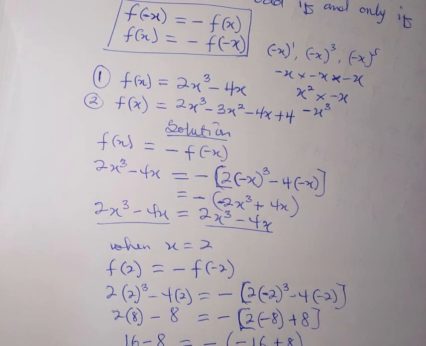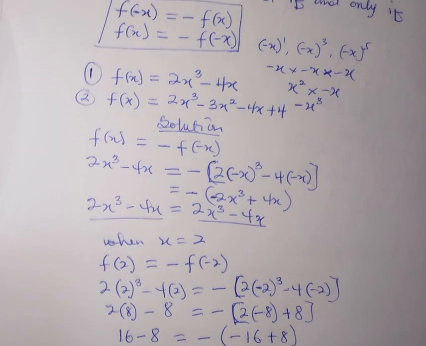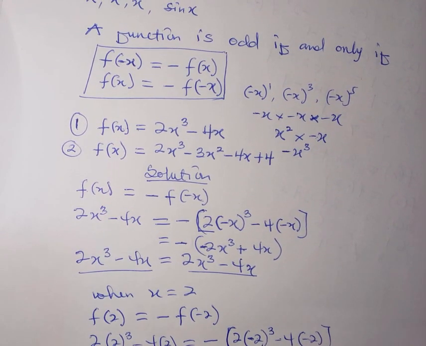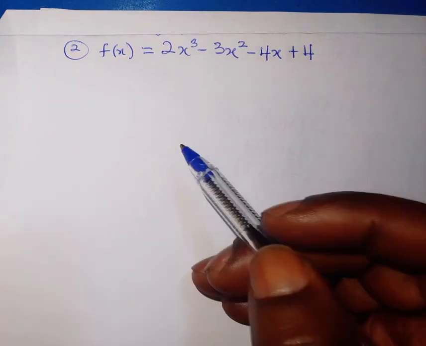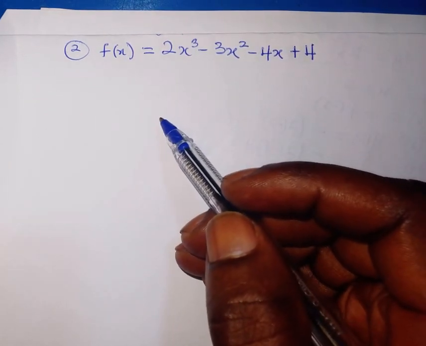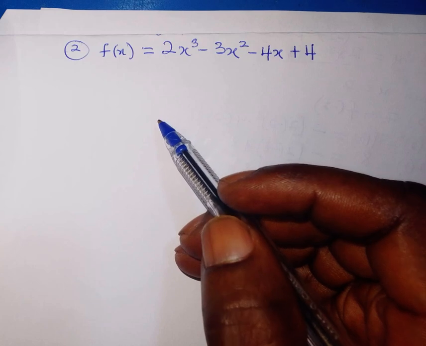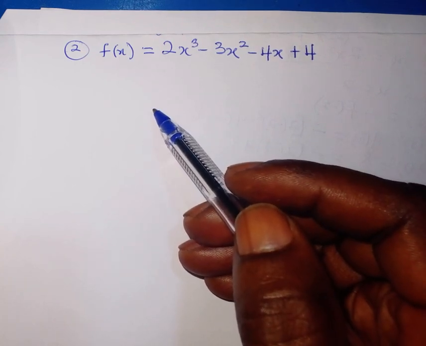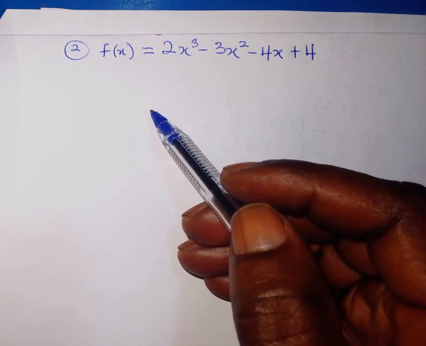Okay, all right, great. So let's see if we can solve the second part of the question. Okay, so for example 2, this time you are going to use a number to test, because I've already told you that you can also use a number to test.